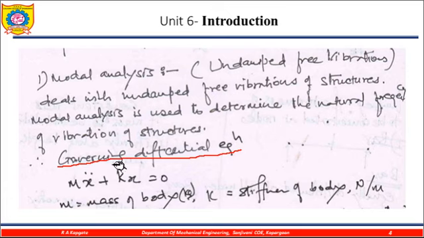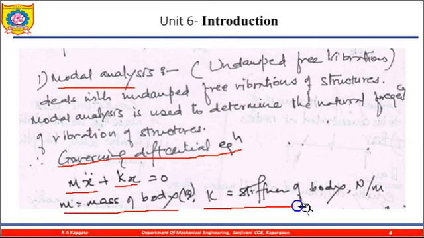The governing differential equation for modal analysis is m d²x/dt² + k x = 0, where m is the mass of the body, k is the stiffness of the body, mass is in kg or Newton, and stiffness is in Newton per meter. So this is my governing differential equation.